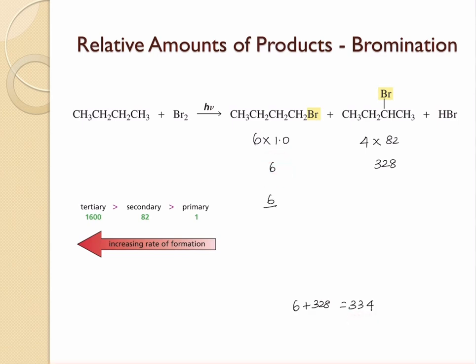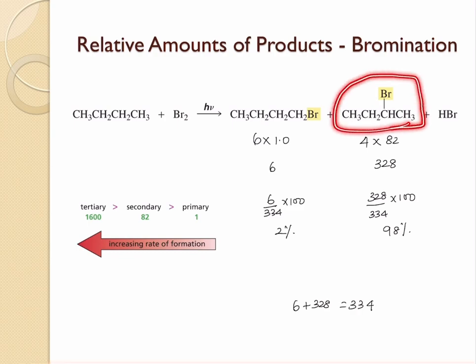So when you divide the numbers, it's going to give you 2% here, and in this case it's going to be 98%. So let's do the math here. If you do it, it's going to be 98%. And you can see how selective the bromination is, where it predominantly forms one particular product.